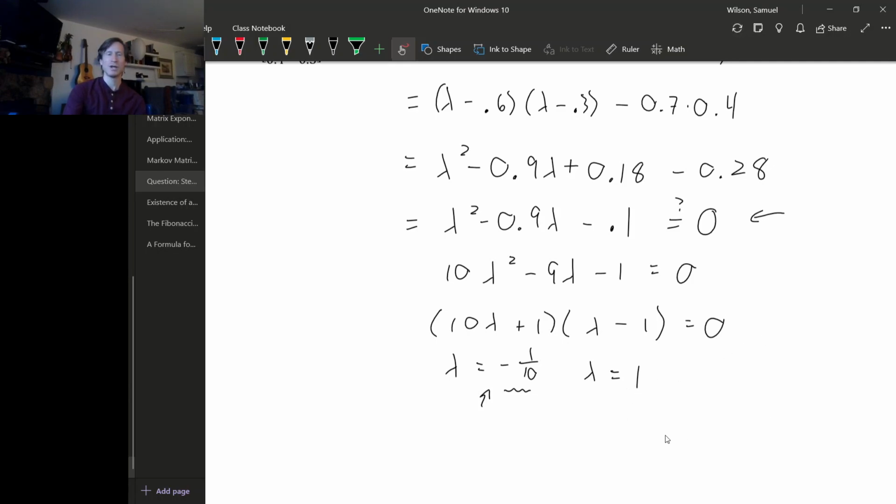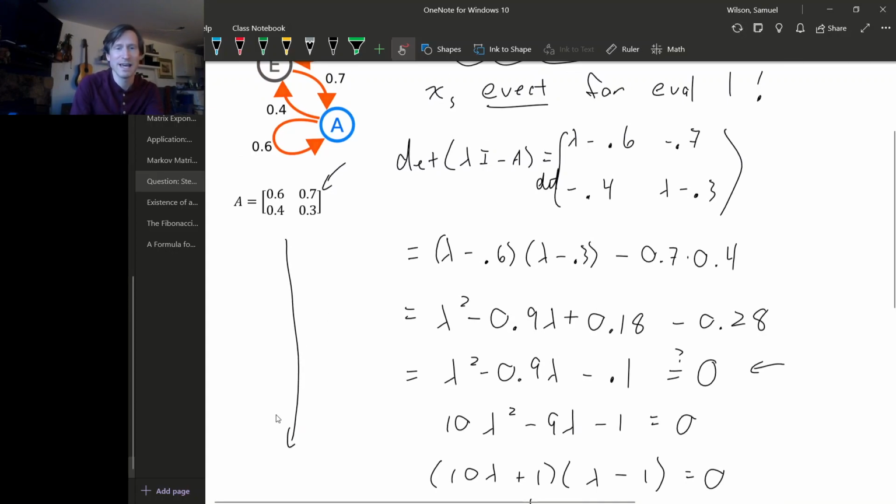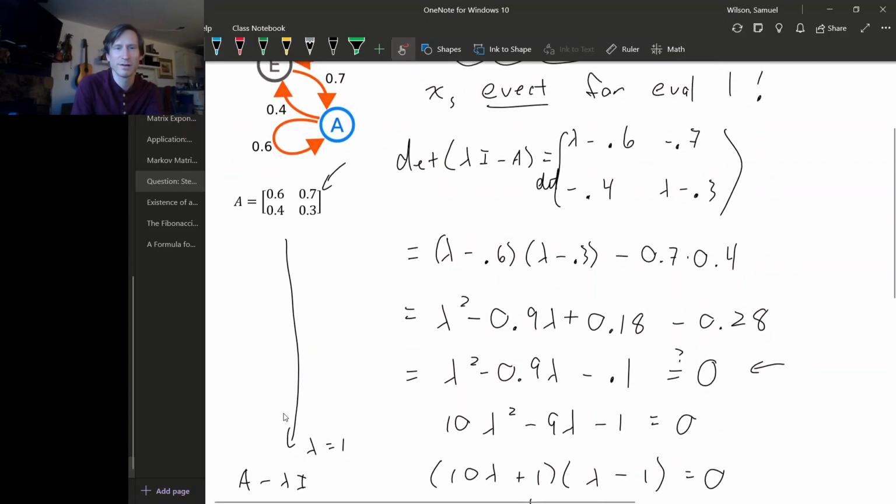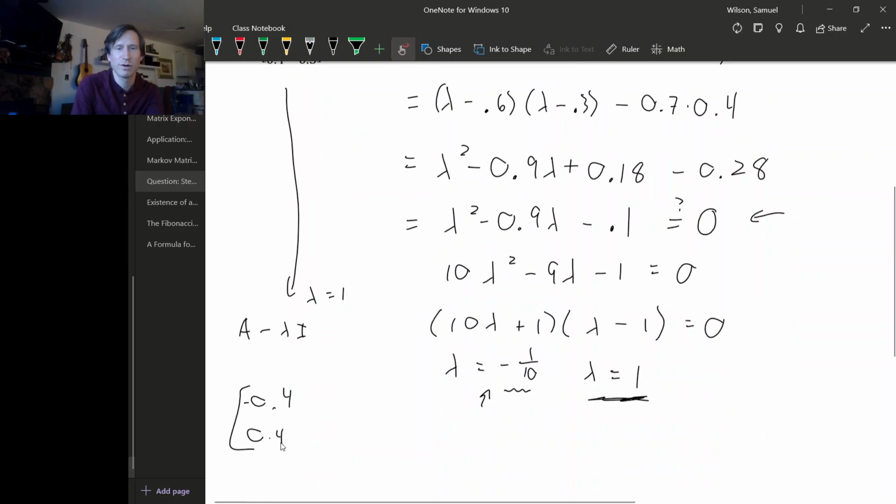All right, so now that we know that 1 is an eigenvalue, that means there will be a steady state. We just have to figure out what it is. So let's take our matrix and do A minus lambda I. And remember, the lambda we're talking about is 1. So this is going to be negative 0.4, 0.4, 0.7, and negative 0.7.